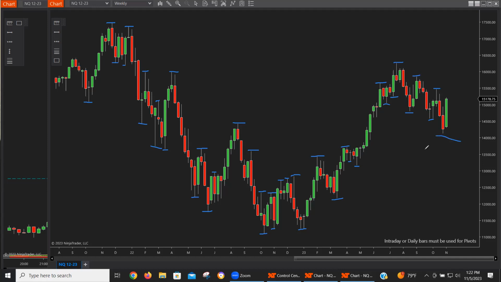Here, not yet. There. Okay. So those are your highs and lows of ranges of candles. Those are what we want to concentrate on. Highs and lows of a range. Questions on highs and lows of a range? Got it? Yes. Okay. That's the weekly.